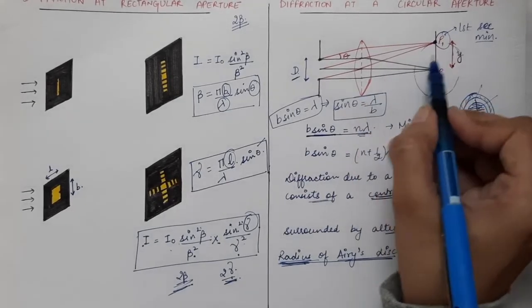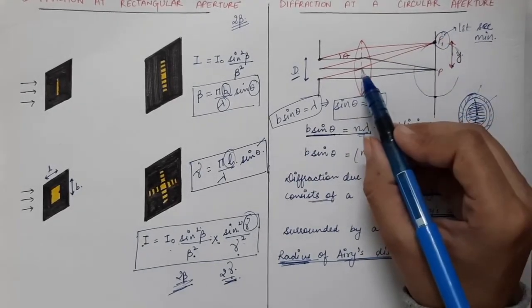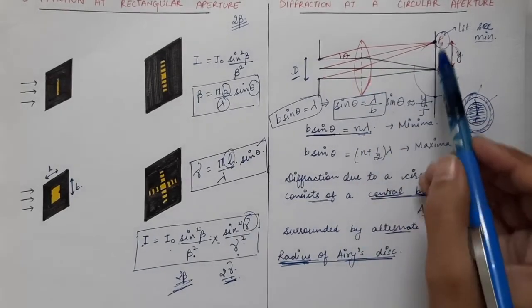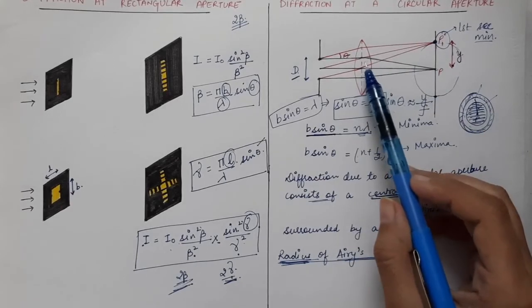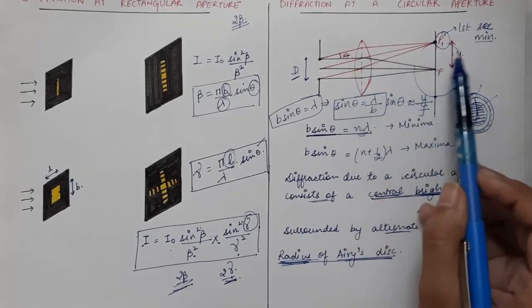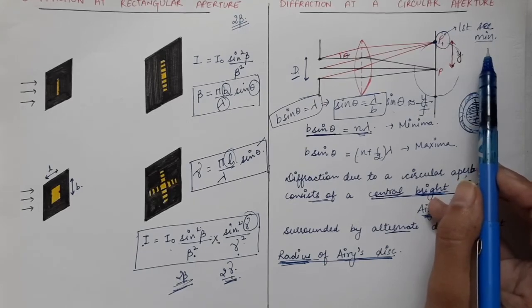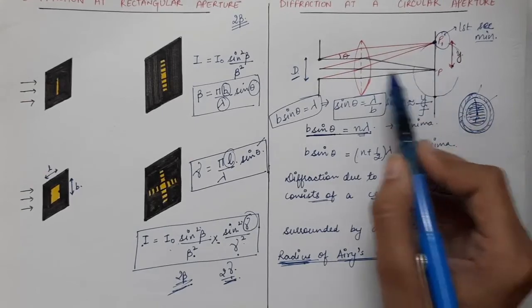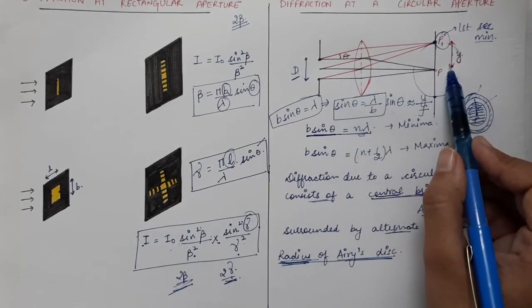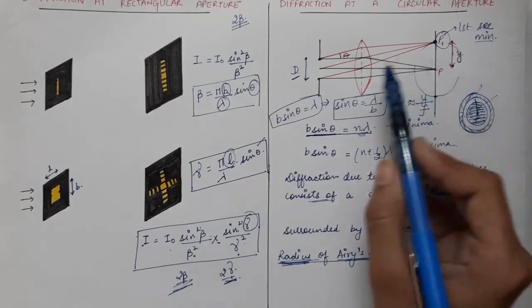Now we are supposing that the screen is placed at a very large distance from the lens. So when the screen is placed at a very large distance, we are considering the Fraunhofer diffraction condition. In that case, sine theta will come out to be equal to y divided by the focal length of the lens. This happens only when the screen is at a very large distance from the lens.